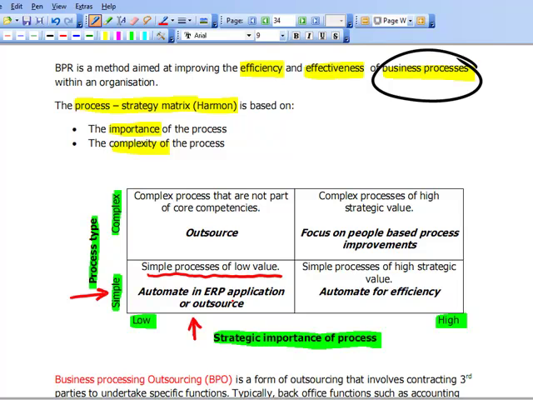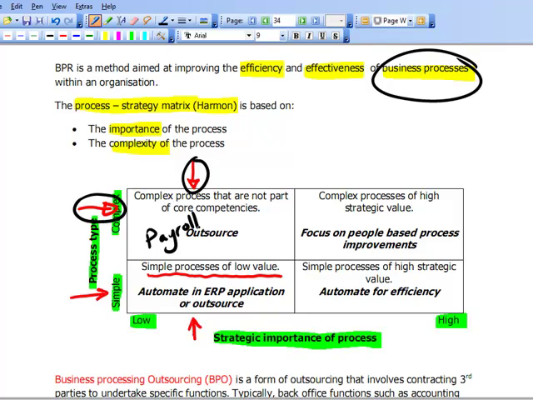Okay, what happens if we're still in this column? The strategic importance is low, but it's complex. So we have complex processes that are not part of the core competencies. So they're complex, but they're not key, fundamental to the business. Okay, an example of this I'll just put here, for example, payroll.